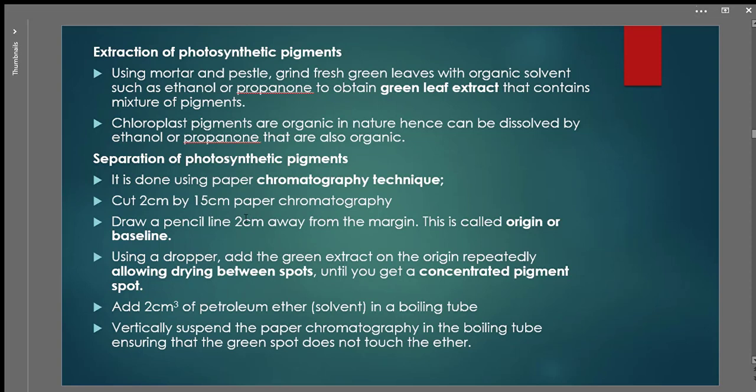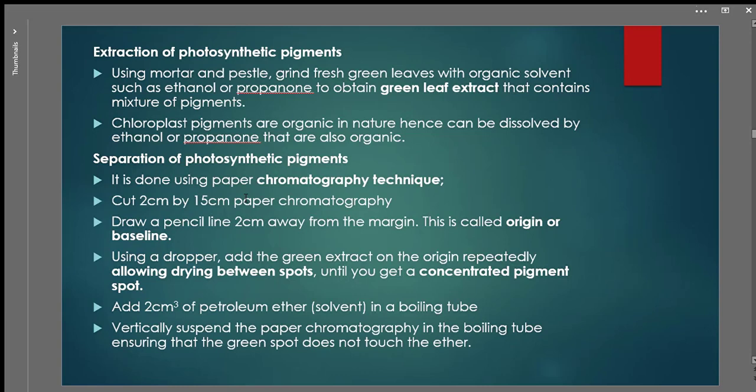Once you have drawn the baseline 2 centimeters from the margin, you use a dropper and add that green extract that you have obtained from the leaves, that photosynthetic pigment. You add it and you allow it to dry.